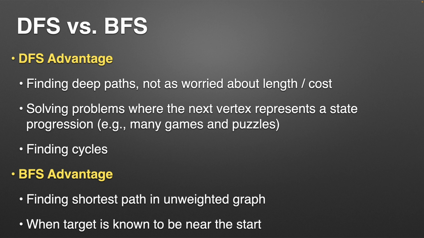But if you're in an application where you know that the path is going to be a pretty deep path relative to the graph, like maybe most of the graph, depth first search can make sense in that case. Remember, the runtimes are the same here, the complexity. So the worst case of these is the same number of operations. The main advantage that you're getting from breadth first search is that you're getting that shortest path.